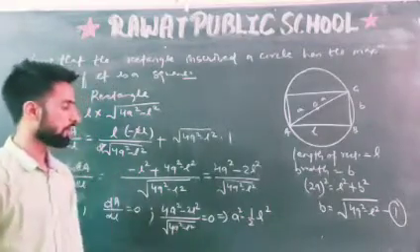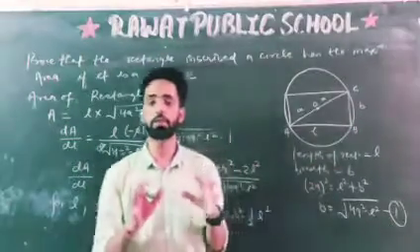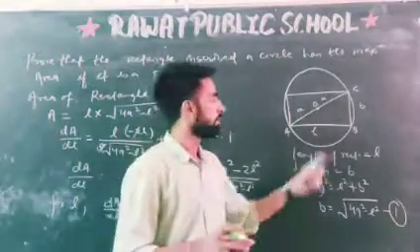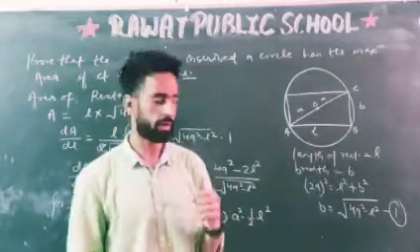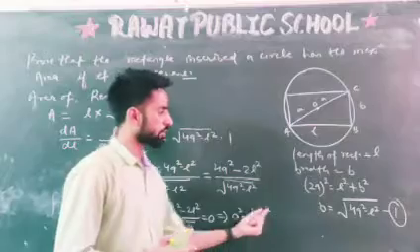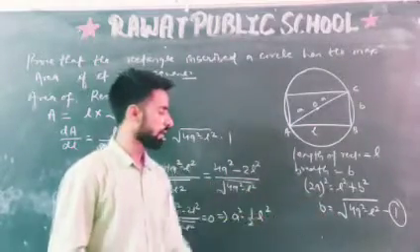We got this one. Now if I want a relation between L and B, whether they are equal or not when the area is maximum, I want the relation between length and breadth. So from here, the value of a square I can put into equation 1 to find the value of B. Let's find out.